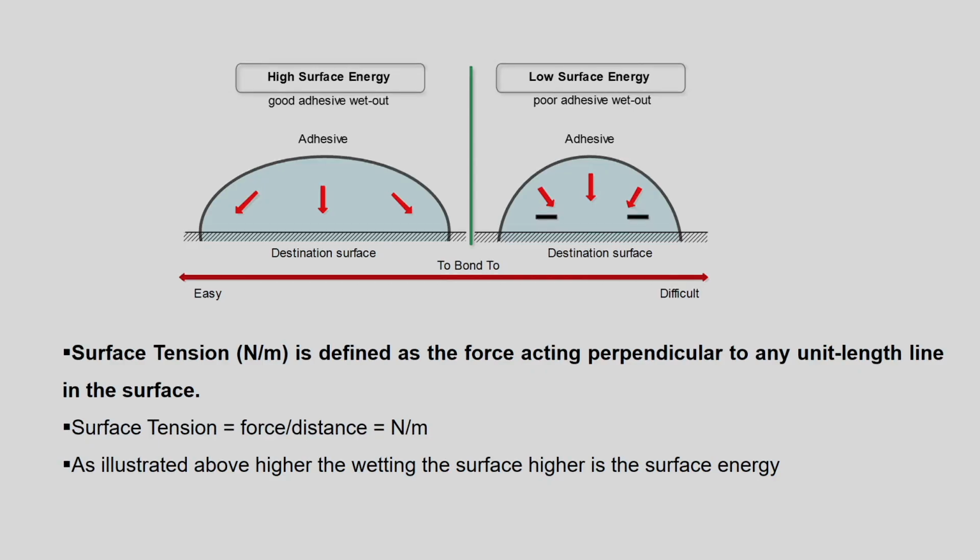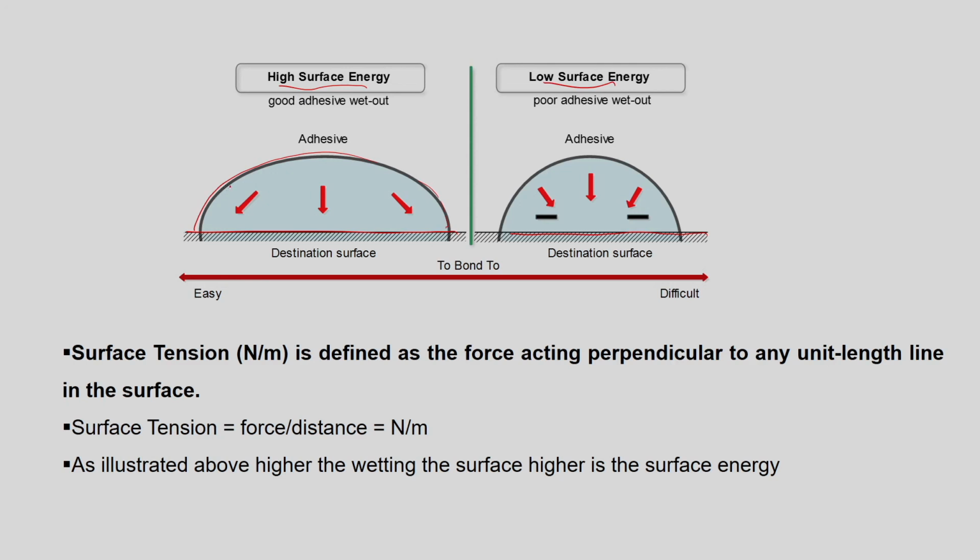So, this is what the figure looks like. Here there are two drops on a surface. One is a high surface energy, while this one is a low surface energy. Bonding with this surface is difficult in this case, while bonding to this surface with this particular adhesive is easy, okay.